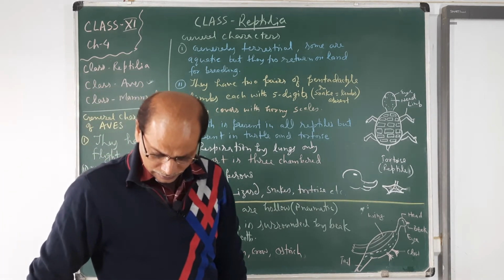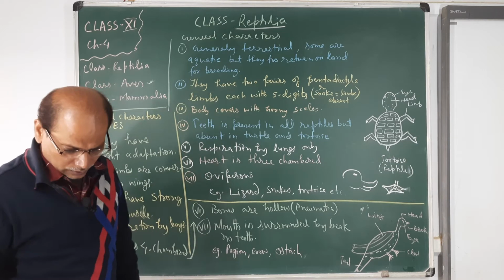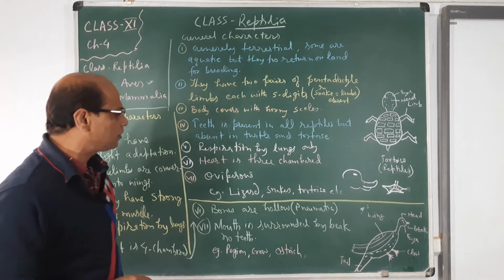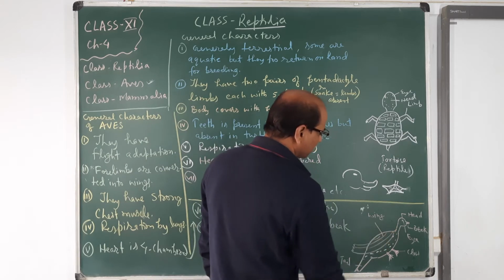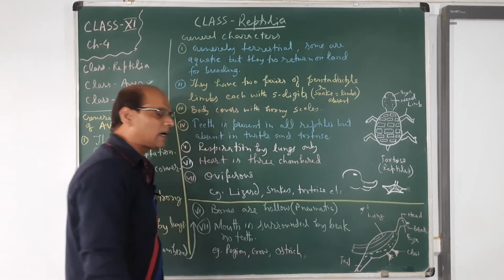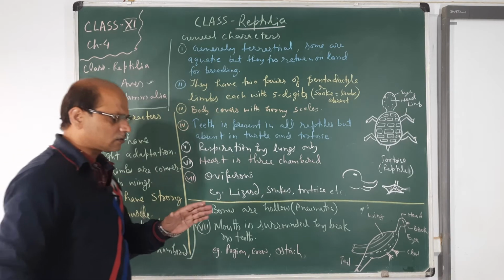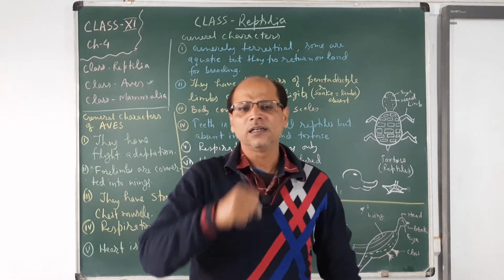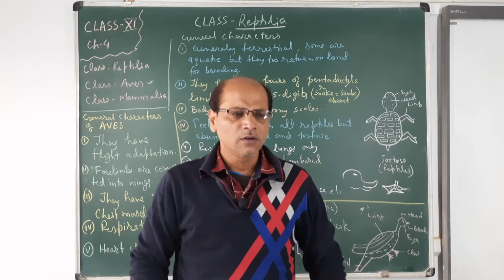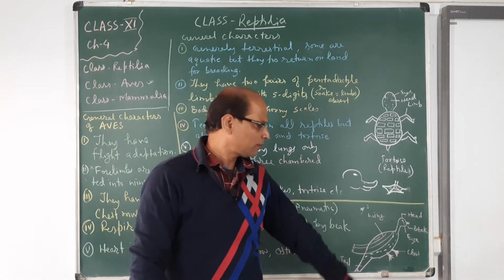Now the limbs, you understood: two pairs of limbs. The upper two limbs are adapted as wings, and the two hind limbs have claws, by which they can hold things and eat. Sometimes they also move on land with the help of these claws.